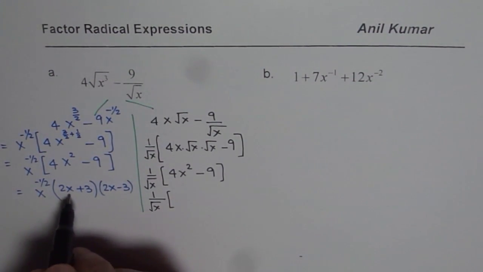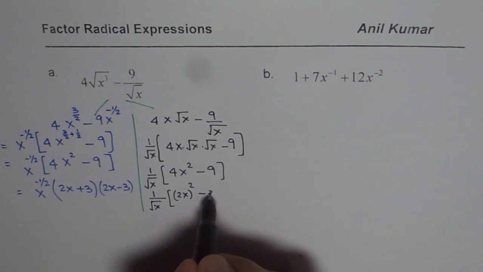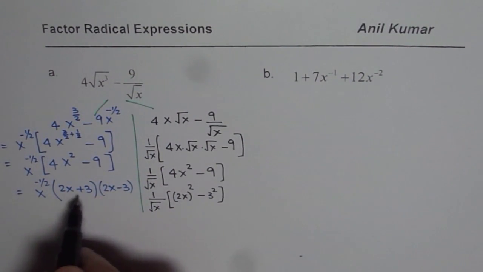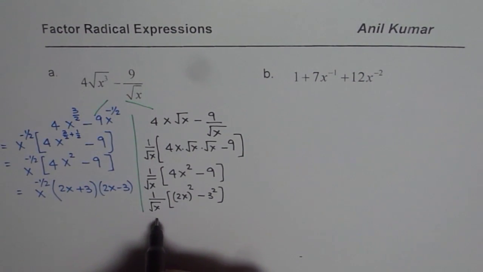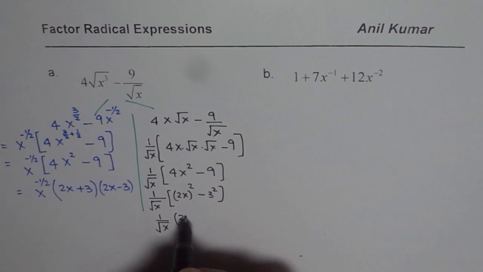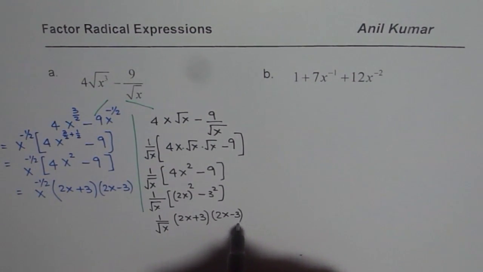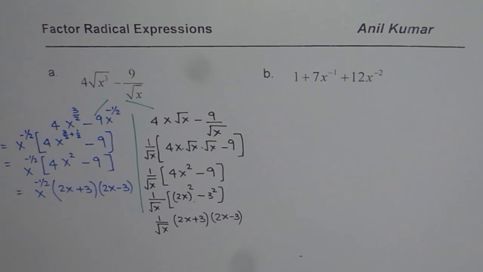Let me explain this now. You could think about it as 2x whole squared minus 3 squared, and then apply the same formula which we did, that is the difference of squares, right? So we get 2x plus 3 times 2x minus 3. I skipped that step in the first case, right?